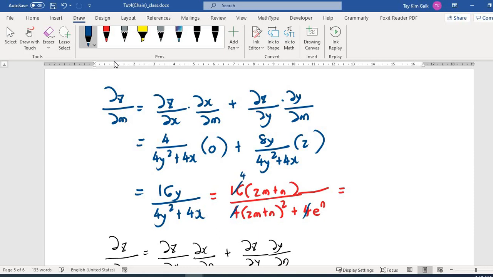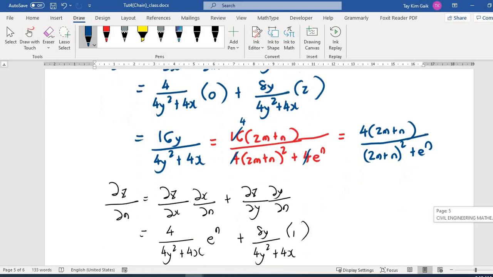So this is 4. So 4, 2m plus n divided 2m plus n squared plus exponent n. So this is del z del m.